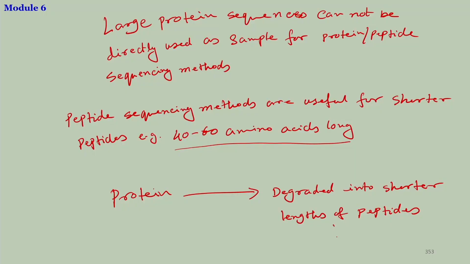Each of them would have a length below 40 to 60 amino acids, and then all those fragments, all those short lengths of peptides that you have made out of this protein, can be used separately to find out the sequence. After this, you can use the Edman degradation method to determine the sequence of these shorter fragments.